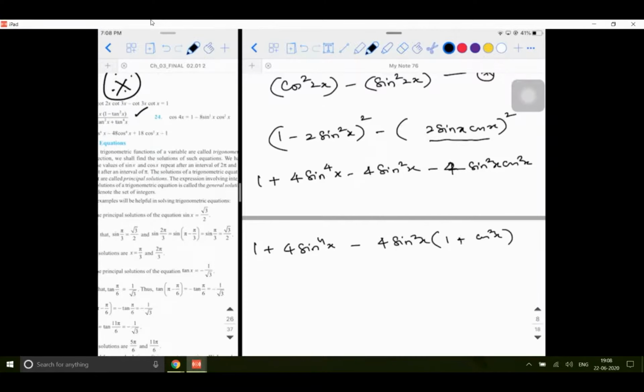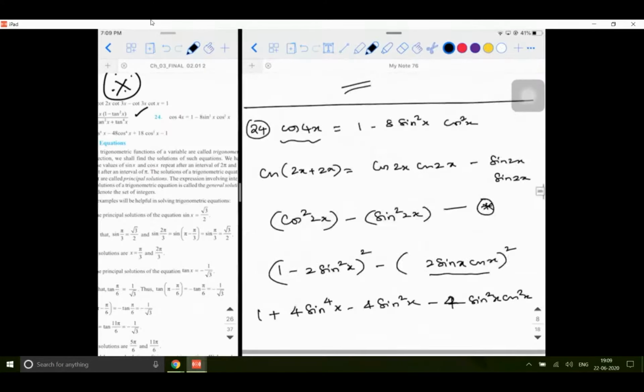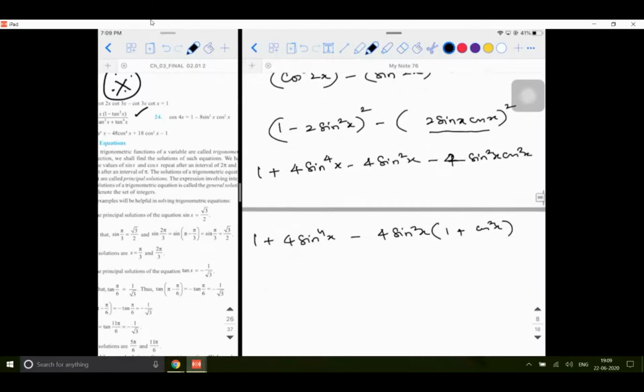Now what can I do with this? Will I be able to proceed? See, I just went with the idea you gave me. I'm getting stuck with sin power 4x. Is there anything I can do to proceed? I don't want sin power 4x here. How do we think? How do I think?